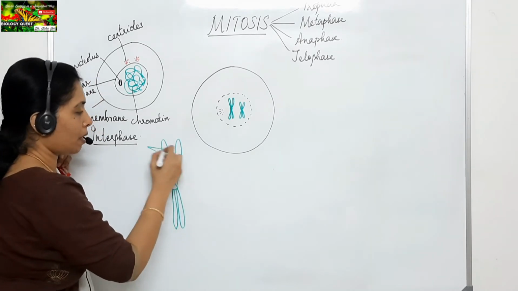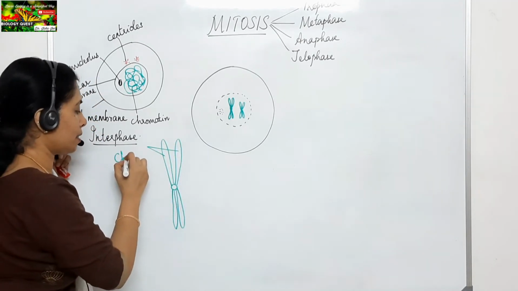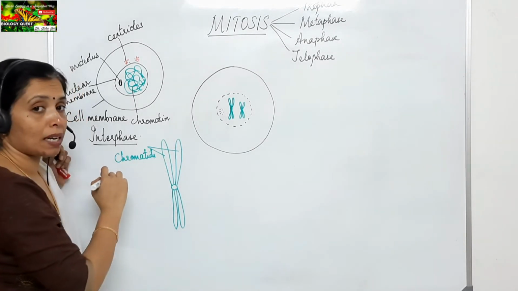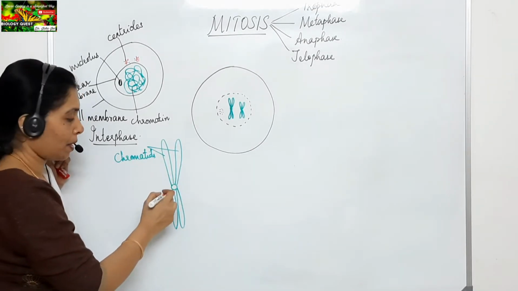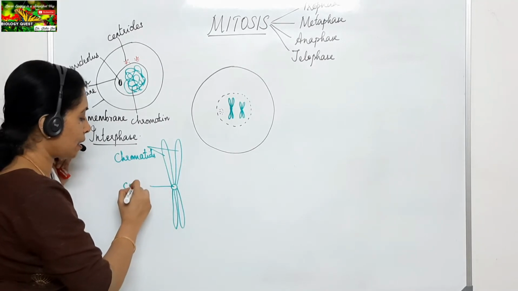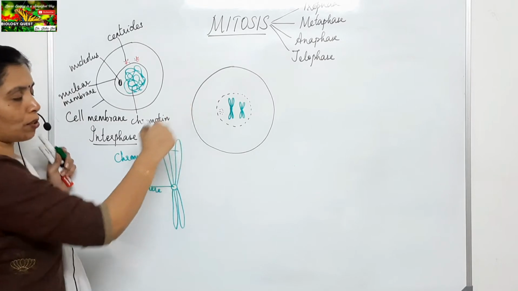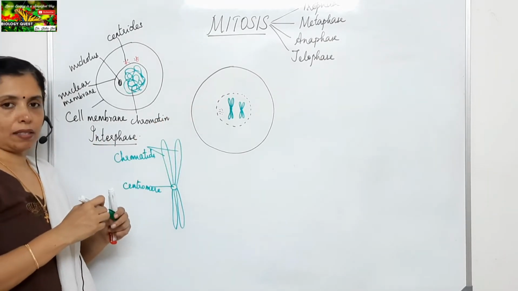The two arms are called chromatids. They are sister chromatids because they are the arms of the same chromosome. They are joined at the centromere. So each chromosome will appear like this.